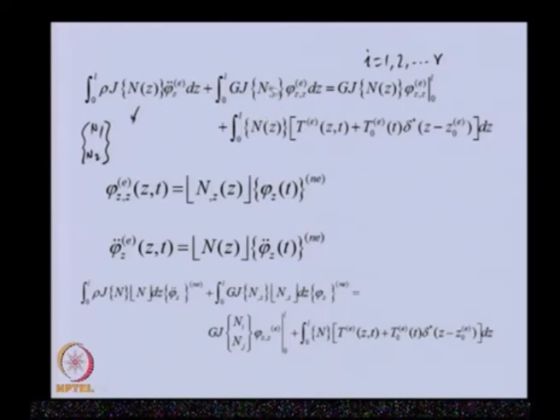Similarly, here because there was a derivative with respect to z, I am writing this expression as N1 comma z and N2 comma z. Comma z represents that we need to differentiate both the shape functions with respect to z once.